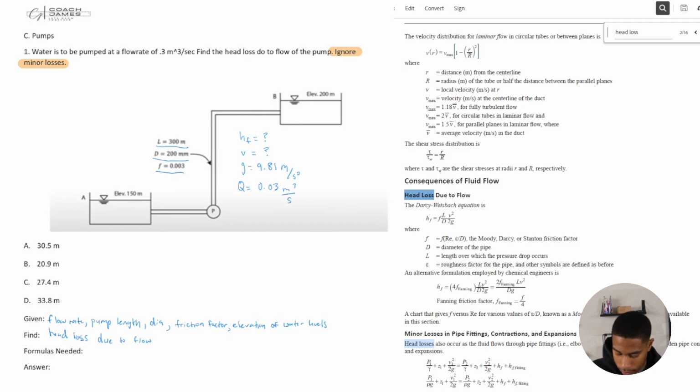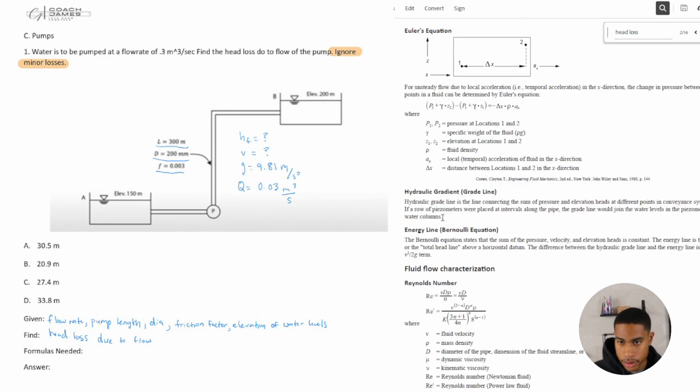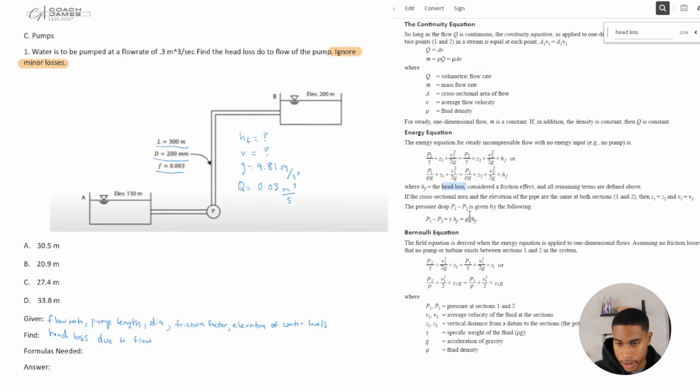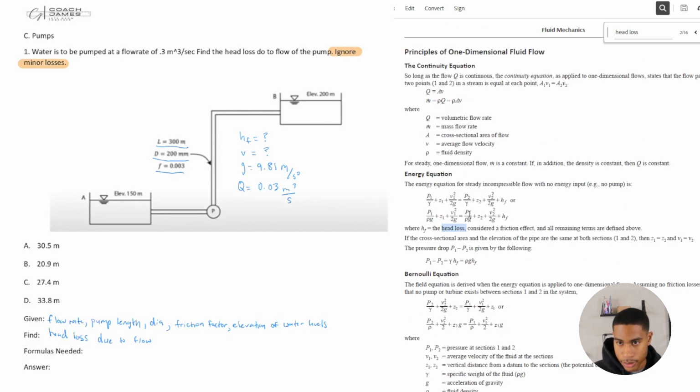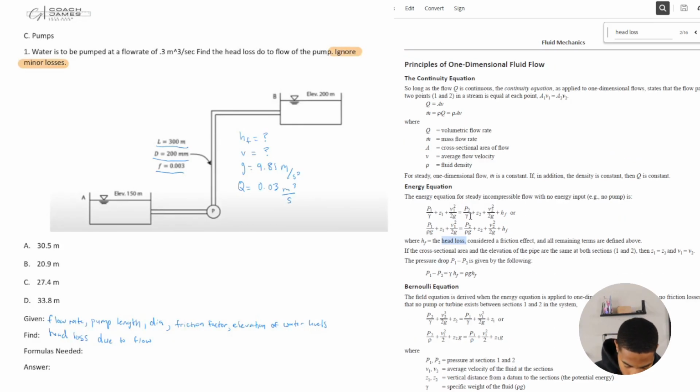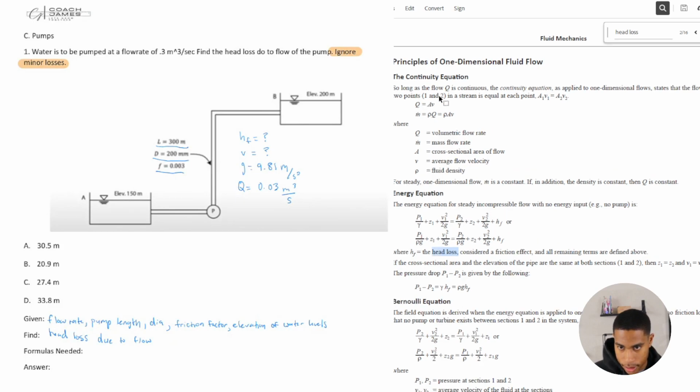And there's this formula, just important for you to know, that if you have flow and if you have an area, then you can find V. It's the continuity equation. As long as the flow is continuous, which it is, being pumped, Q is equal to A times V.